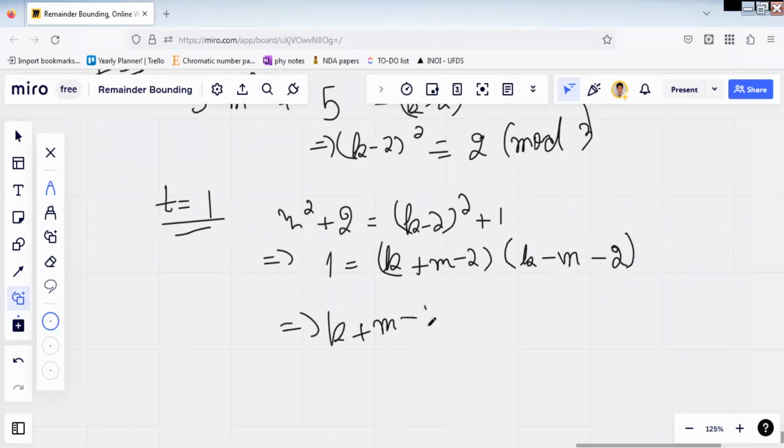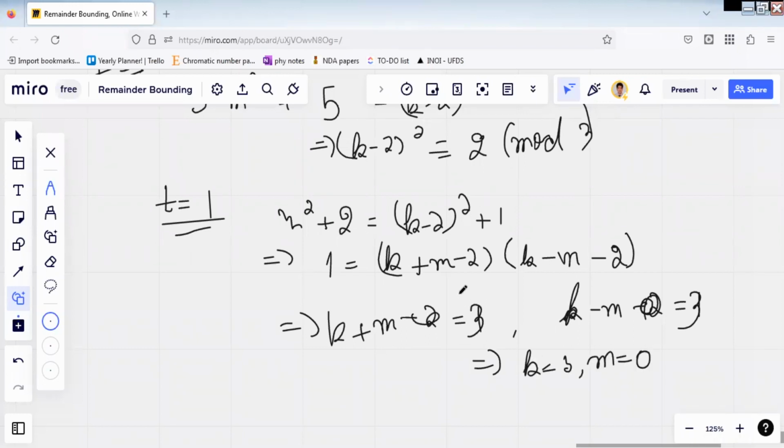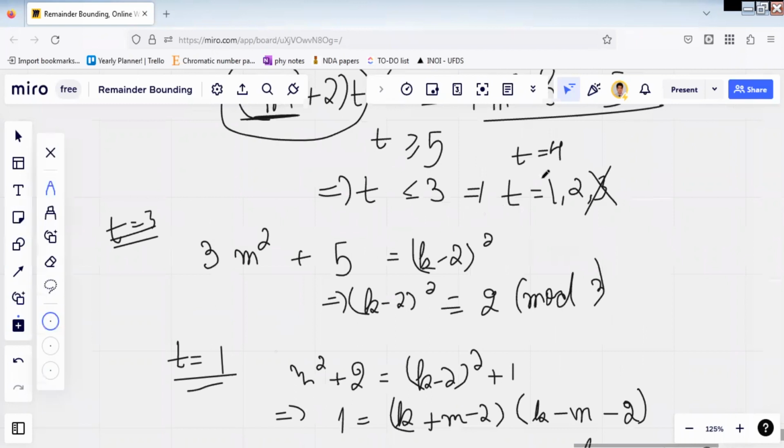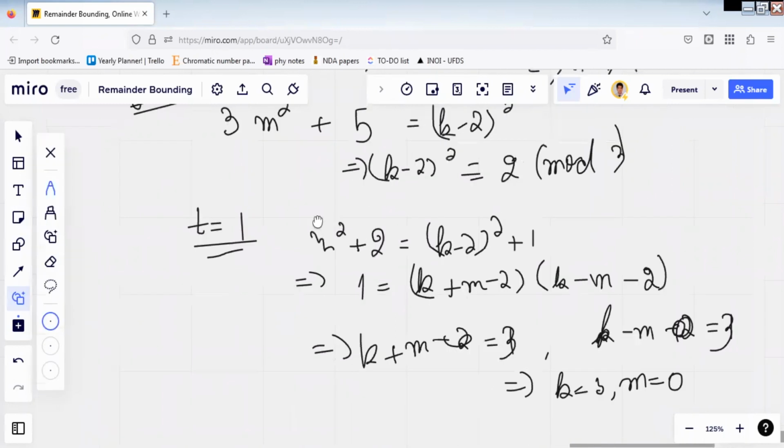Which means both of these should be equal to 1. k plus m equals 3. This is also equal to 3, which means that k should be 3 and m is 0, which is a contradiction. And similarly, you can check the minus 1 case also, you'll get a contradiction. Which means that t can only be 2.